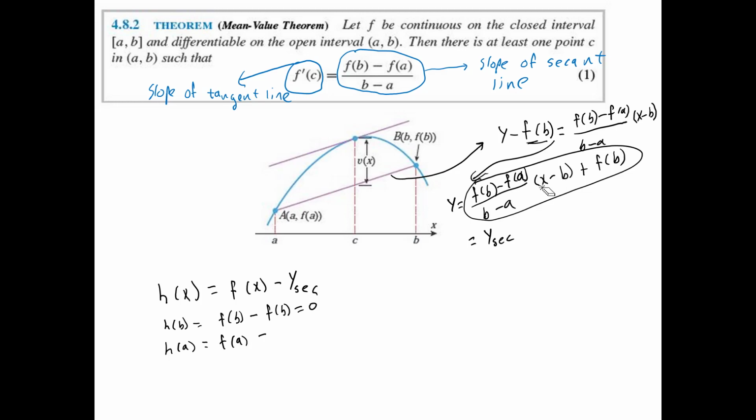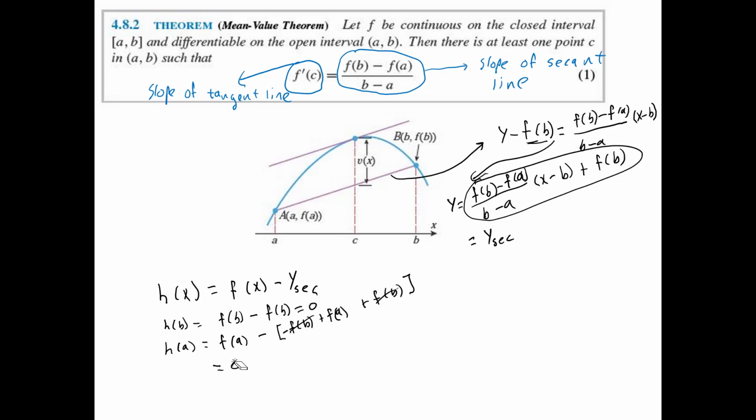So I will get a minus 1 out of these two right here. That will give me minus f of b plus f of a. And then I still have the plus f of b. You can see then that the f of b's will cancel out, and you'll have f of a minus f of a, and you get 0.